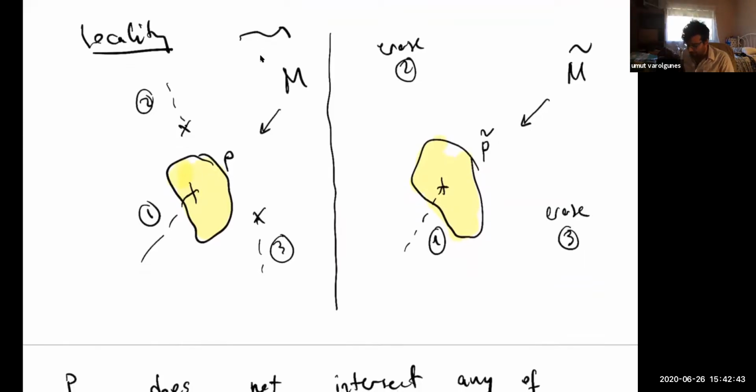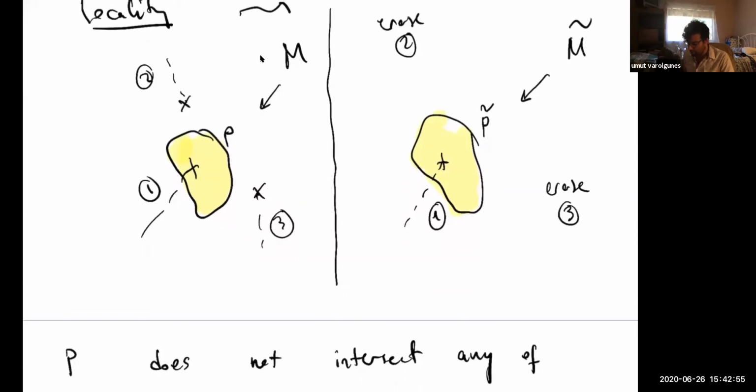Then you can define a new manifold by just erasing the rays that this compact set doesn't interact with, and define a new manifold that's called M tilde here, and let's call the corresponding compact set in the base P tilde.